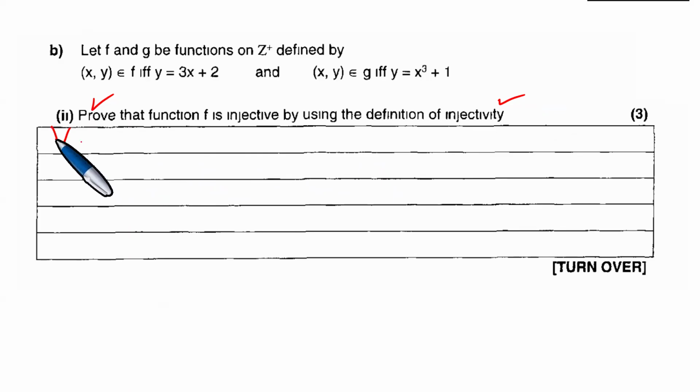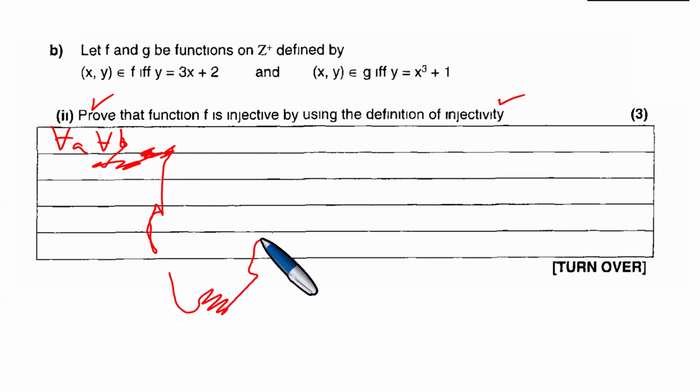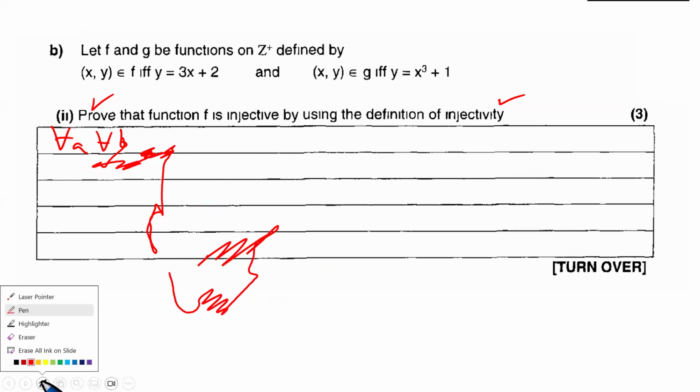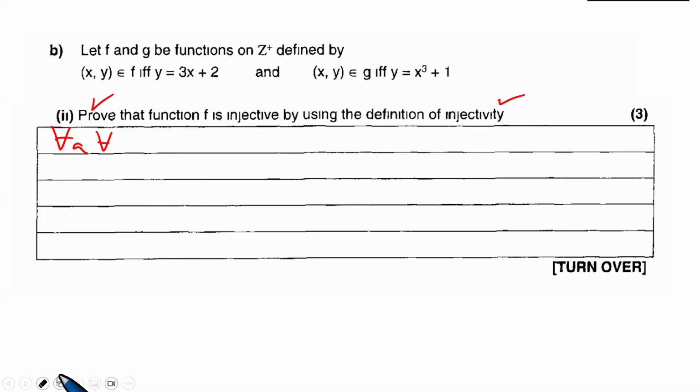To prove this, we note that for all A and for all B, A not equal to B means that f of A is not equal to f of B.